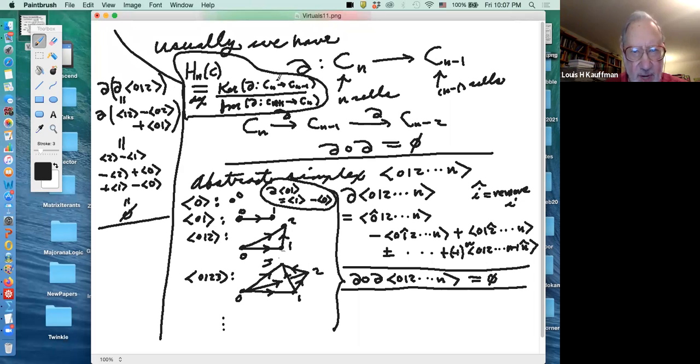So this image lies in that kernel, and the result is that the homology group measures cycles and higher dimensional versions of cycles modulo those that might actually be bounding something in the next dimension up. So that's the classical picture of homology.